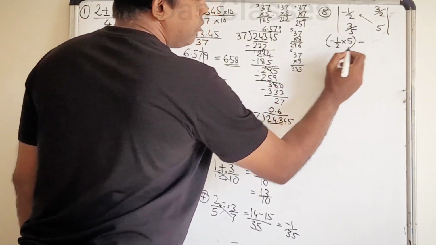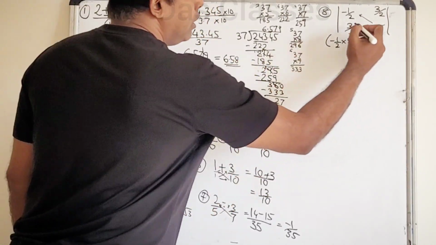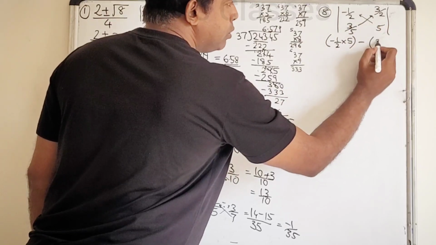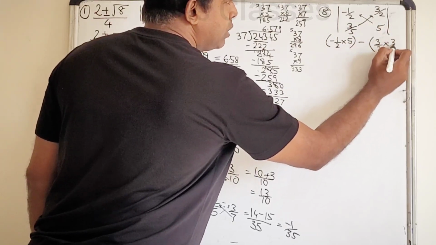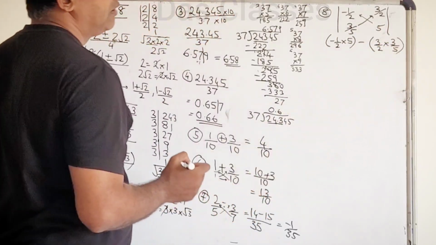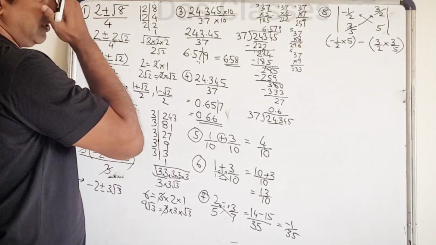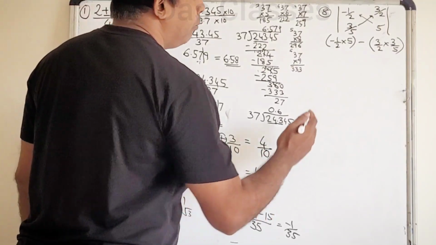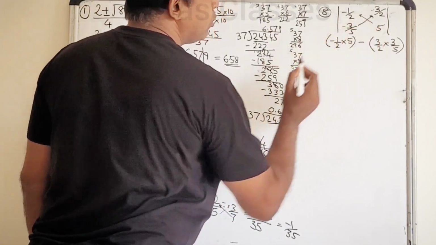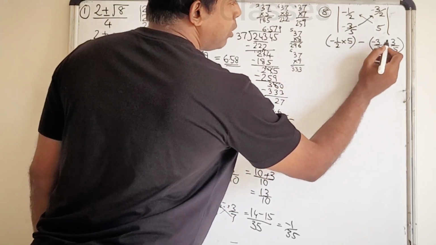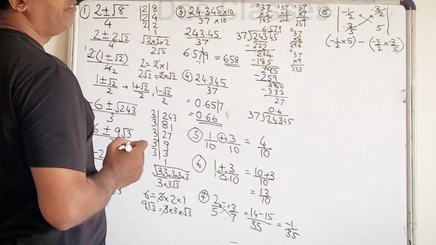There's a minus sign. We always put a minus sign in between. Then we multiply these two, that is 3 upon 2 into 3 upon 5. To make this somewhat more confusing, let's put a minus sign over here. So it's minus 3 upon 2 minus 3 upon 5.